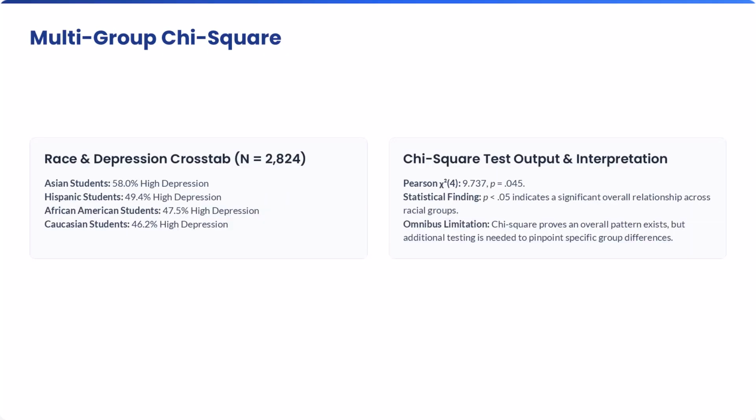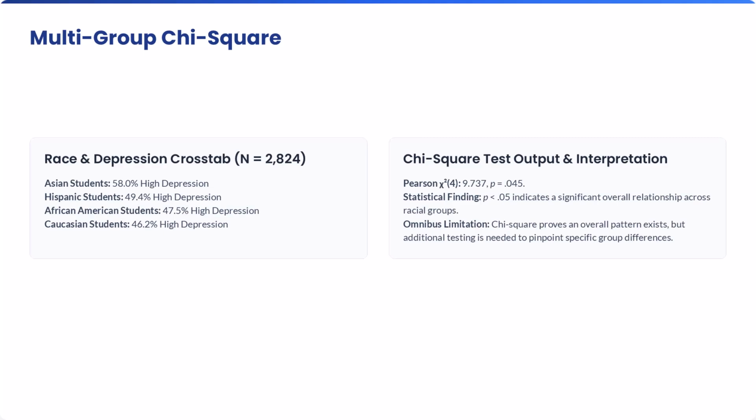A primary advantage of chi-square is its ability to compare multiple groups simultaneously. In this study of 2,824 students across 5 racial categories, for instance, high depression rates ranged from 46.2% among Caucasian students to 58% among Asian students. Pearson's chi-square yields 9.74 with 4 degrees of freedom, and p is equal to 0.045.